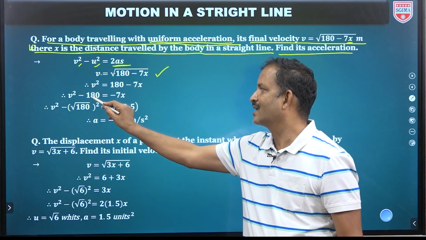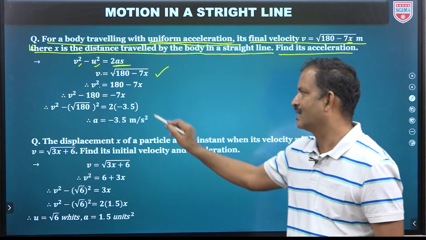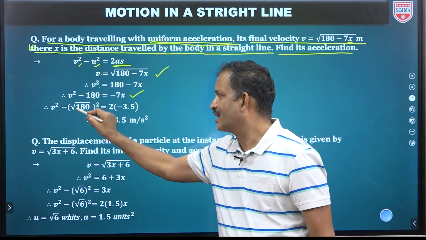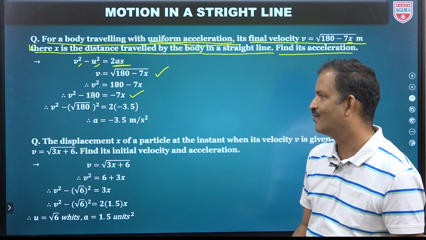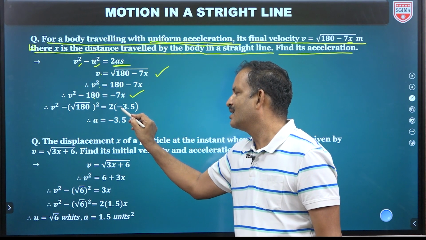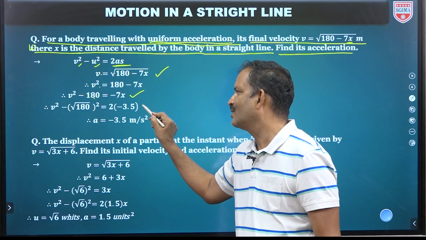I am taking 180 this side, that is minus 7x. V square minus root of 180 whole square is equal to 2 into A, which is minus 3.5, into x.